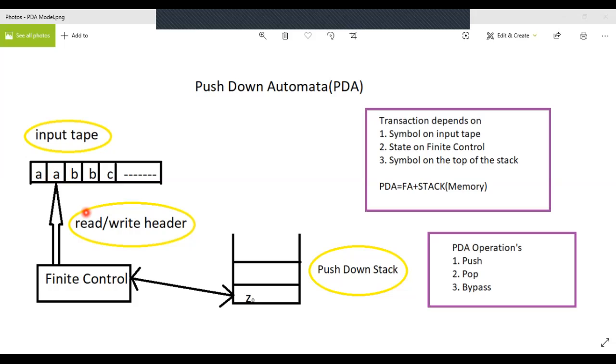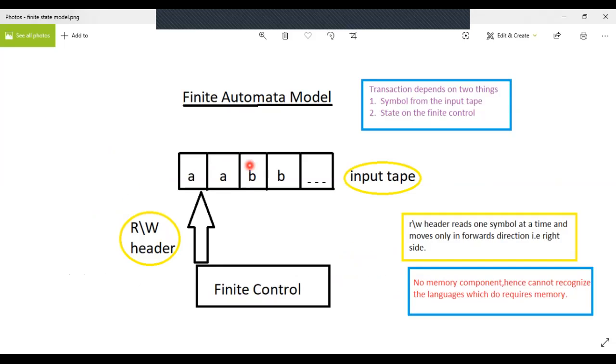So if you compare both the models, in finite automata the transition is dependent upon two things: what we are reading from the input tape, and what is the state on the finite control, and there is no memory component deployed.